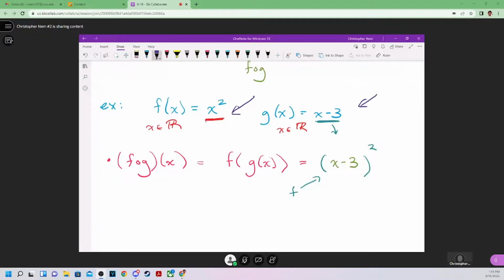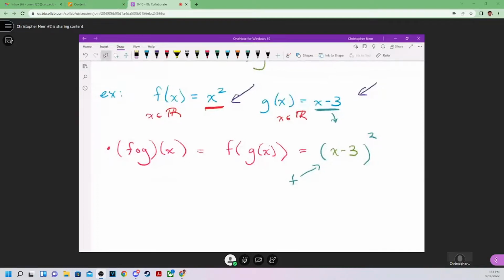But if I calculate this, x minus 3 squared is the same thing as x minus 3 times x minus 3. Don't make this mistake. Don't apply the square on both of them separately. That's going to give us x squared minus, I want to say, 6x. You can verify if that's true or not.